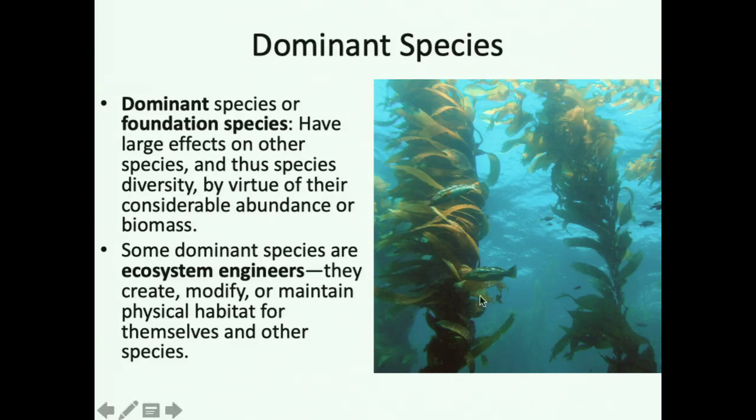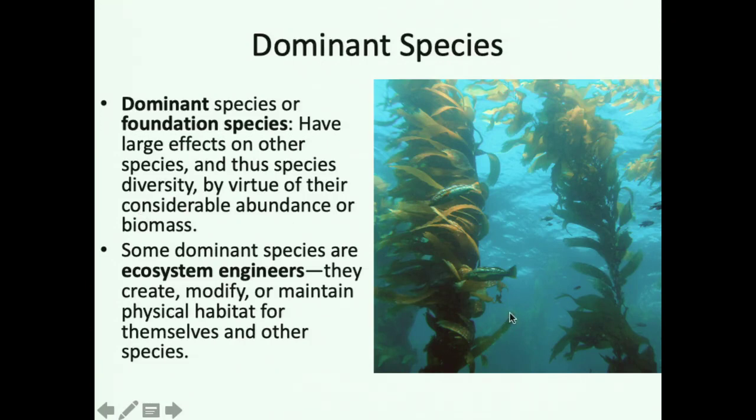So for instance, in a kelp forest, kelp are pretty abundant and they play a pretty big role because they're so abundant. So yes, another different species of kelp might be able to take the place of that role, but they're not so abundant. So losing an abundant species would be hugely impactful.